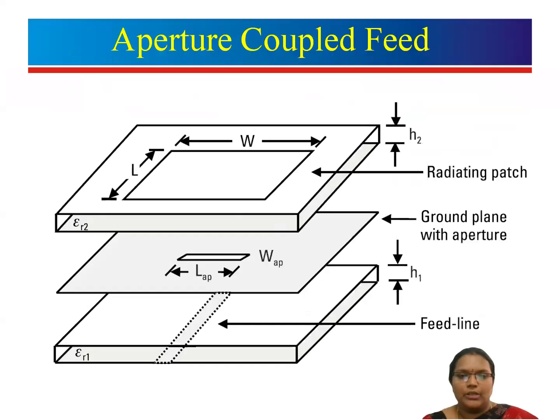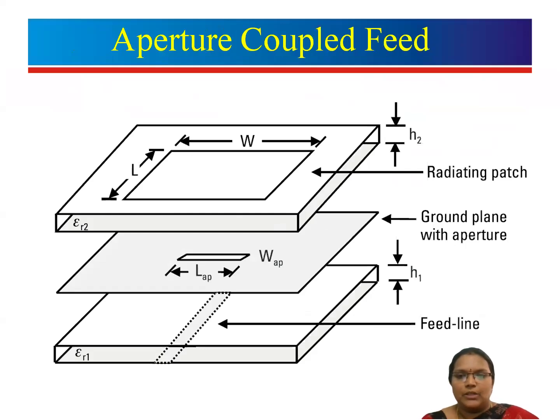Coming to the aperture coupled feed. Aperture coupled feed requires two different types of dielectric substrates, one with high dielectric constant and another with low dielectric constant. Both are sandwiched. Both these dielectric substrates are placed above the ground plane and below the ground plane.